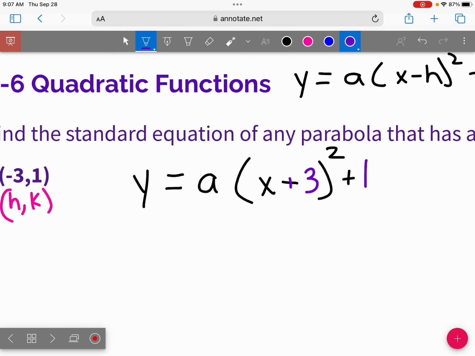Maybe it's got an a value of 7 and it's really, really tall and skinny. Maybe it has an a value of 1/2 and it's really, really compressed. Maybe it has a horizontal reflection and it has a b value, but it doesn't change where the vertex is. Maybe it has a negative a value and it goes upside down. That is any parabola that goes through that vertex. We're just going to leave the a as the any.